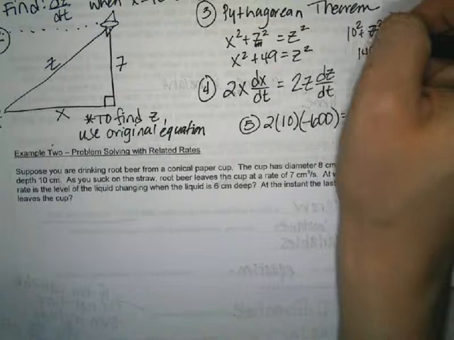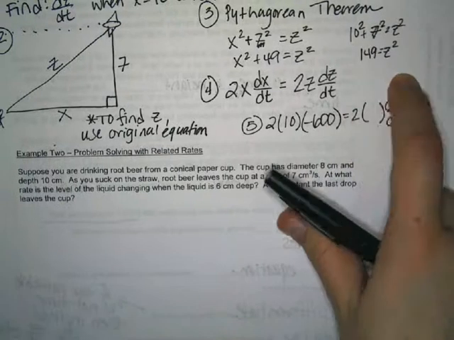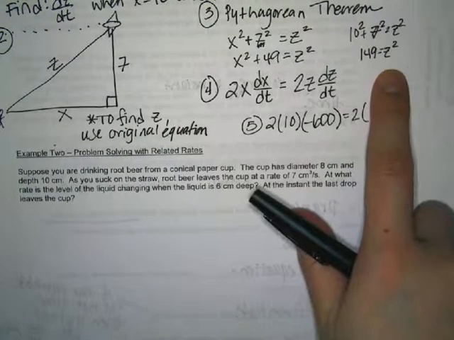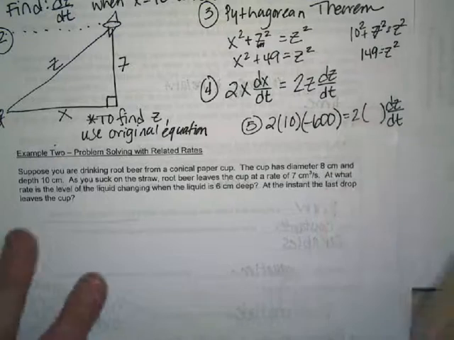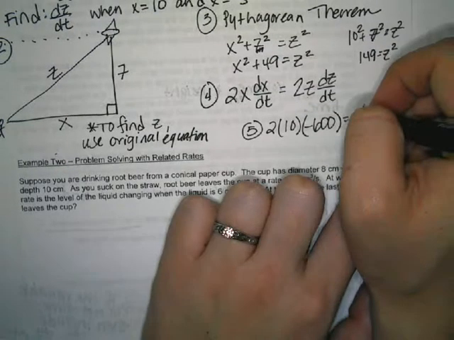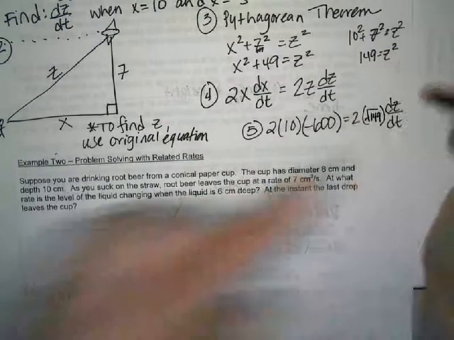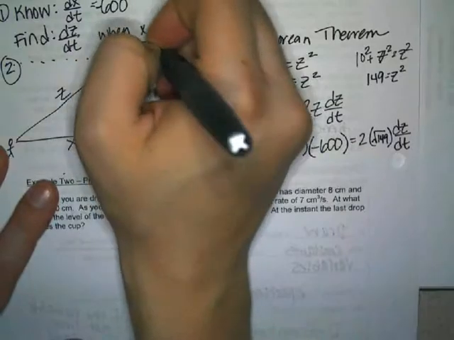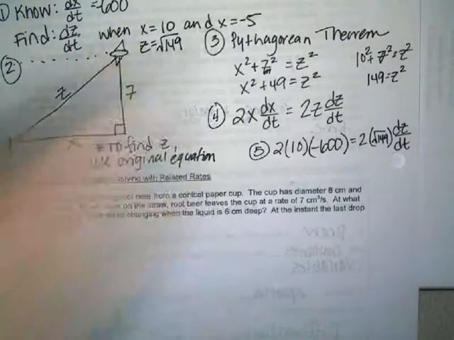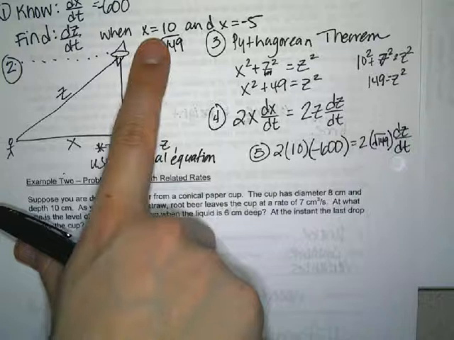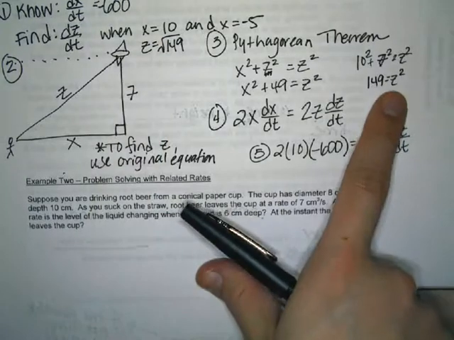And how do I find z when x is 10? Square root it, right? So I'm just going to write the square root of 149 in there. So when x is 10, z is the square root of 149.